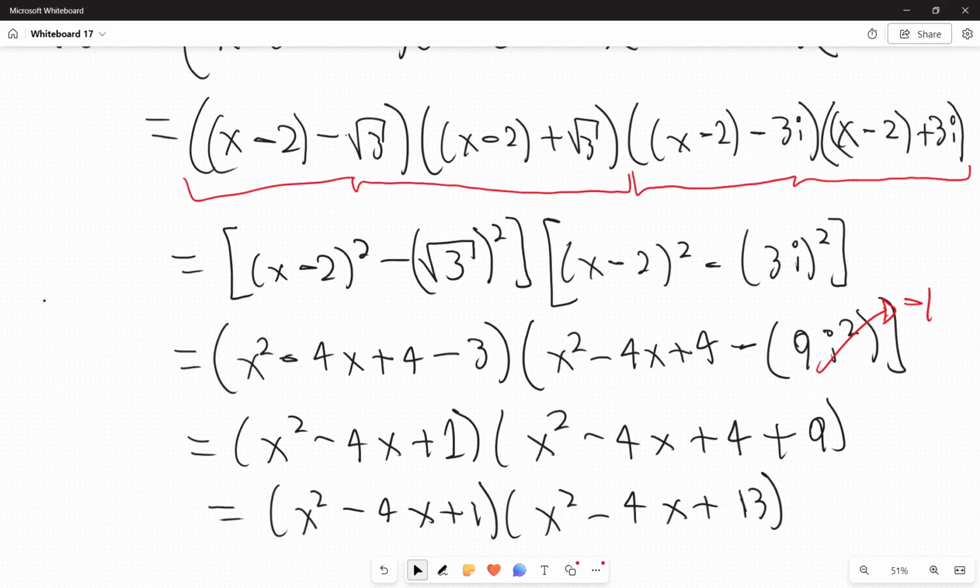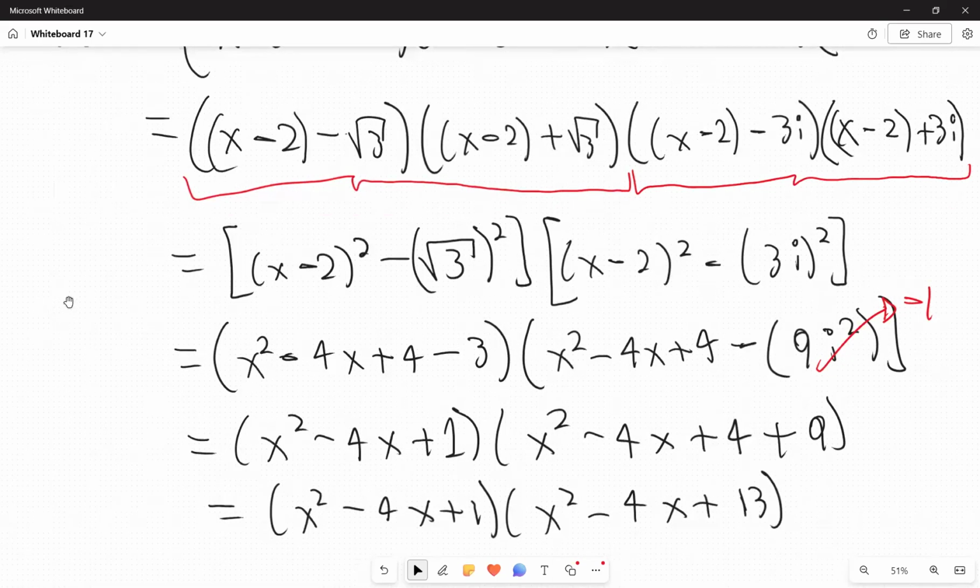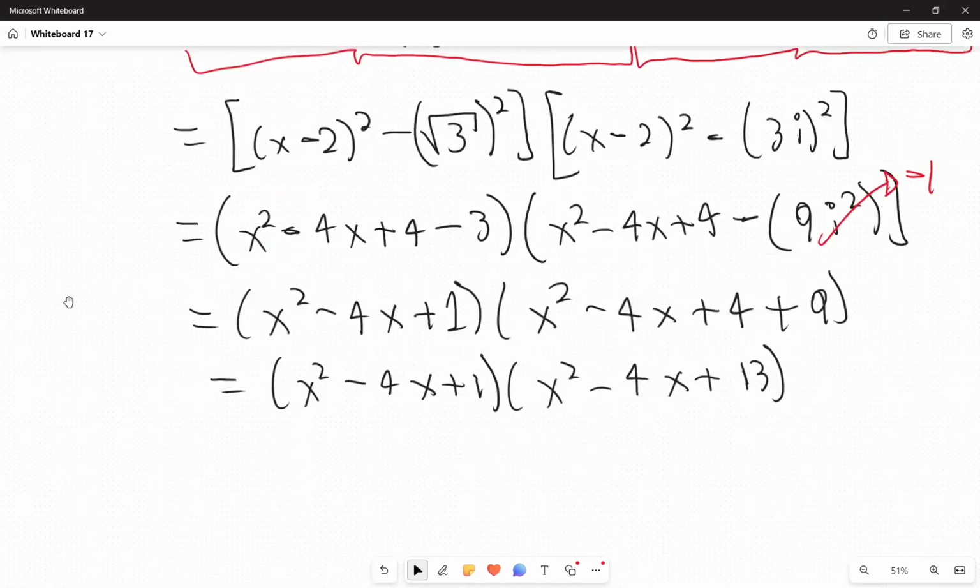So the last step is to distribute. We can distribute the first polynomial and fix the second one. So this is still f of x. Okay, x squared times x squared minus 4x plus 13 is x squared times x squared. Then x squared times minus 4x.